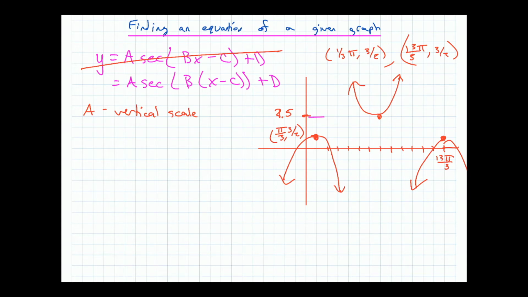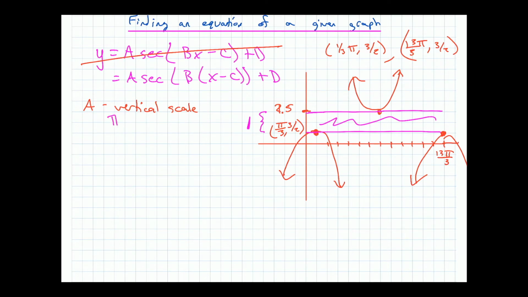Between this line and this line, there's nothing, all of this is empty. That distance here is from 3/2, which is 1.5, up to 2.5. So 1.5 to 2.5, that's a distance of 1. So the gap on this one is 1.